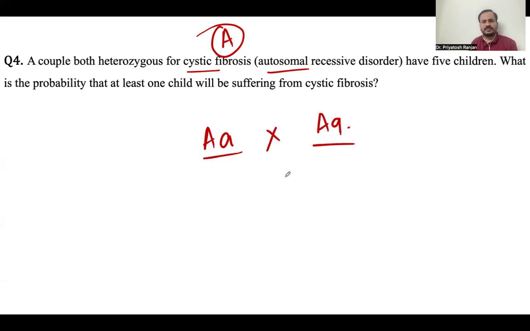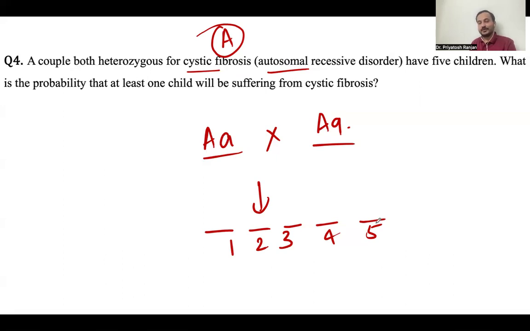Now there is a cross between such genotypes, and what has been asked is the probability that at least one child will be suffering from cystic fibrosis. They have 5 children: 1, 2, 3, 4, 5.